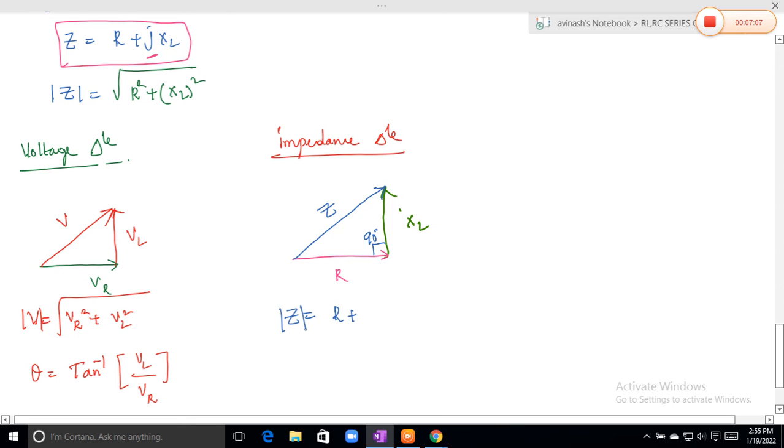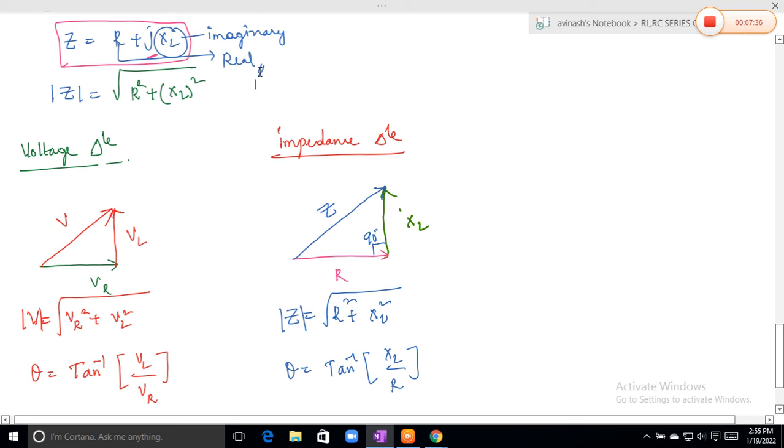The magnitude will be the square root of R square plus XL square. And theta will be tan inverse of the imaginary value by the real value. For this, XL is the imaginary part and R is the real part. Always remember, the J multiplication factor is always imaginary.